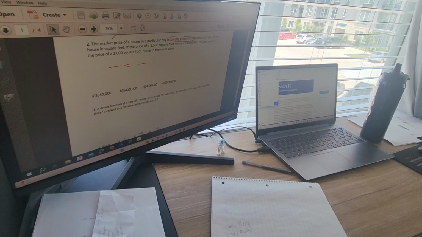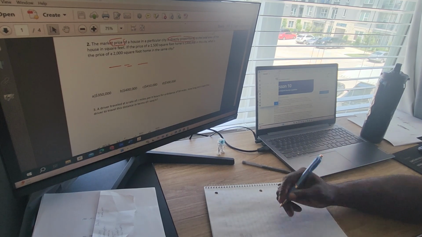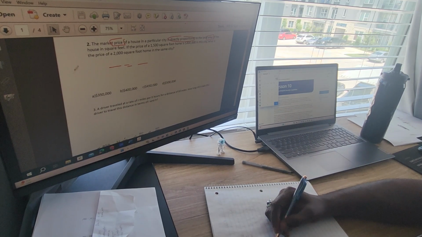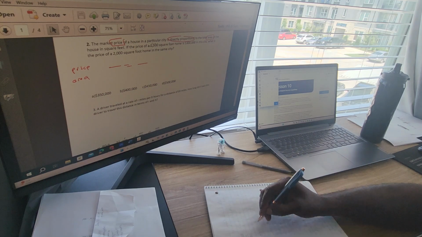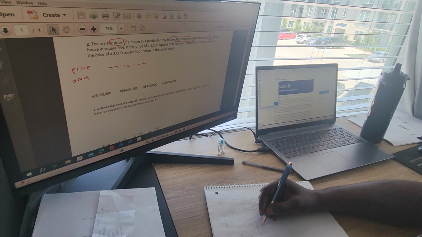So price is proportional to area. So we're going to have price on the top, area on the bottom. It doesn't matter the order, I could put area on the top, price on the bottom, as long as I match them up, it'll still come out okay. Okay, so the price of a 1,500 square foot home, so that's area. Square feet is area, and we know price is money.